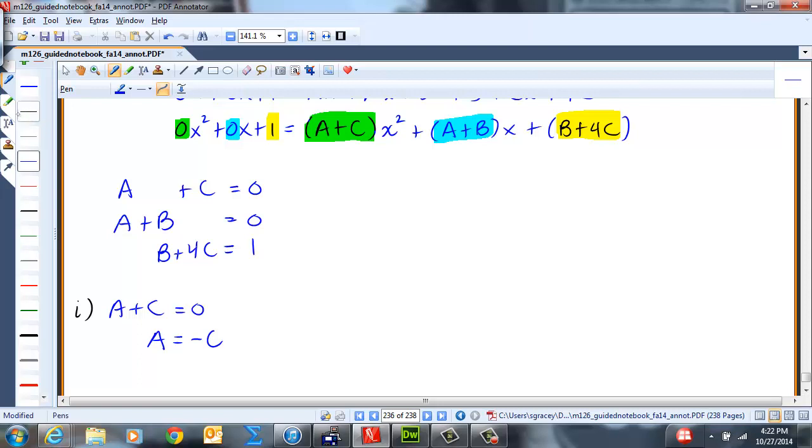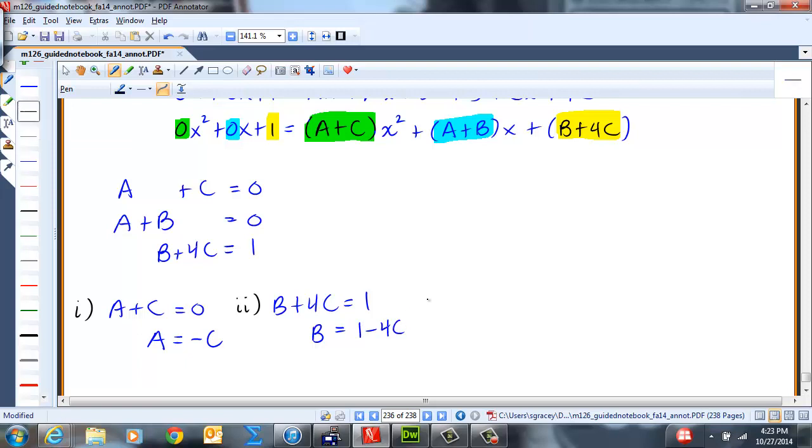Oh, that's how we'll do it. We're going to work with the first and third because the middle one has a plus b. So we need to solve for b in terms of c in the third one so that we can substitute in the middle. The third one has b plus 4c equals 1. So b is 1 minus 4c.